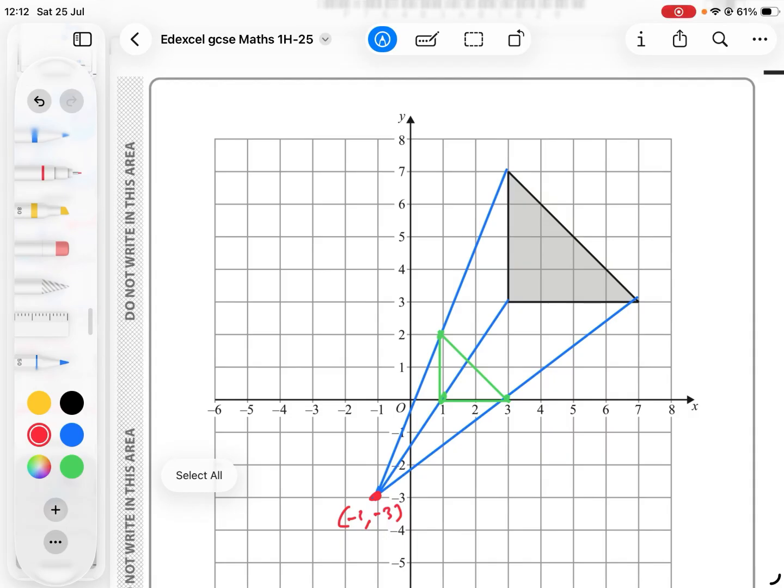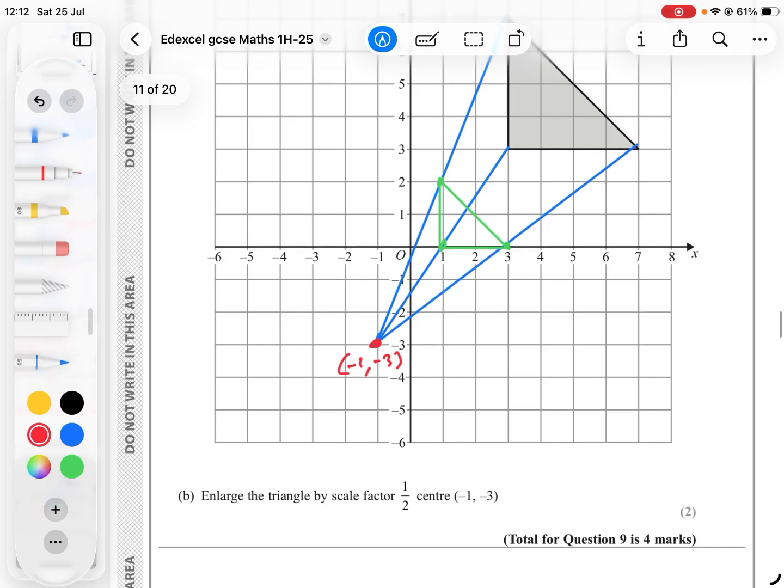Hi, I'm going to walk through question 9b. Enlarge the triangle by scale factor half and center of enlargement (-1, -3).